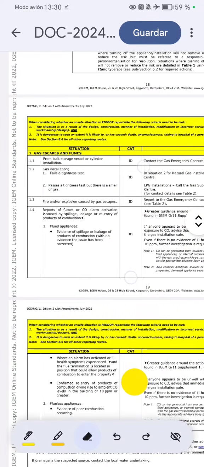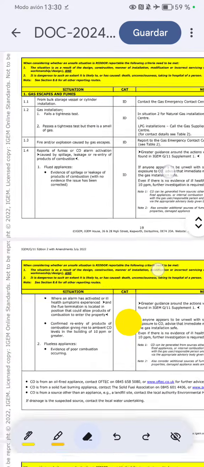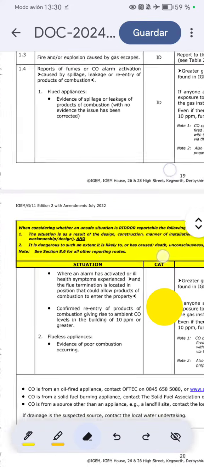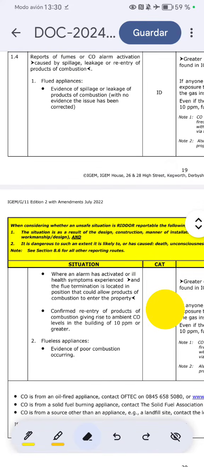I'm going to see if I can get through this without getting more than 3 wrong. Okay, another situation here where an alarm has activated or ill health symptoms experienced and the flue termination is located in a position that could allow products of combustion to enter the property.